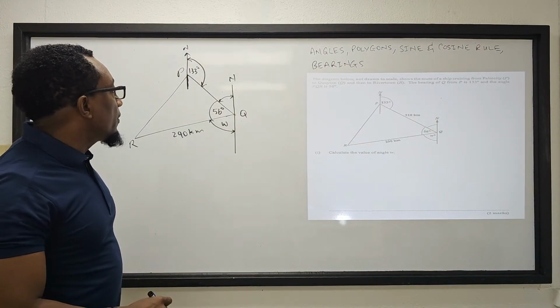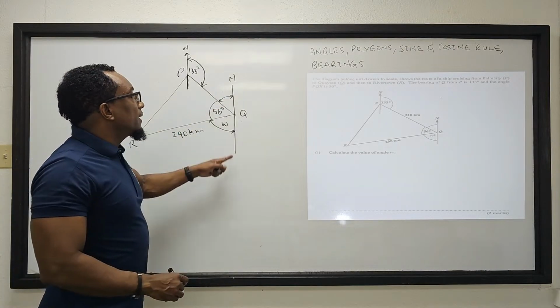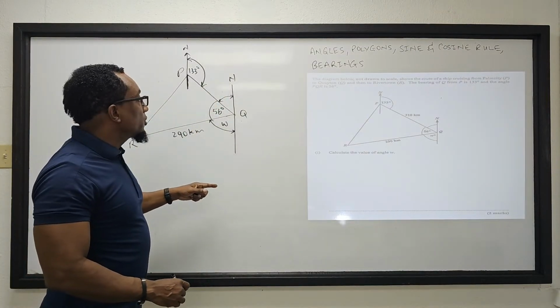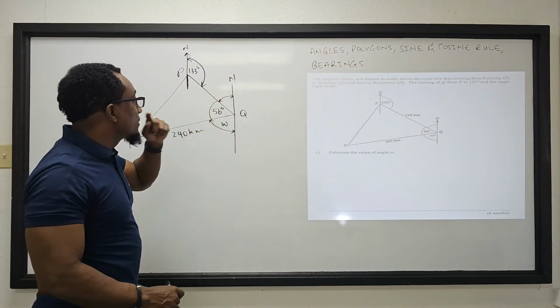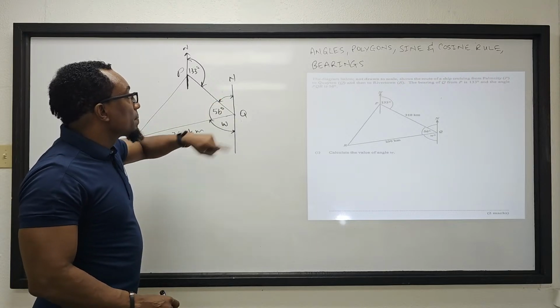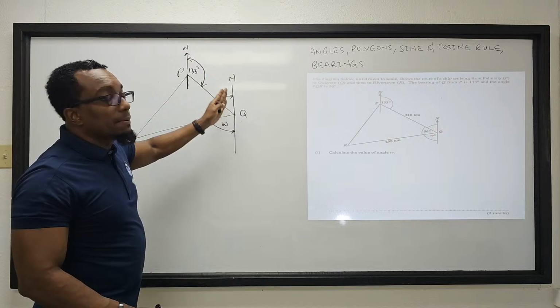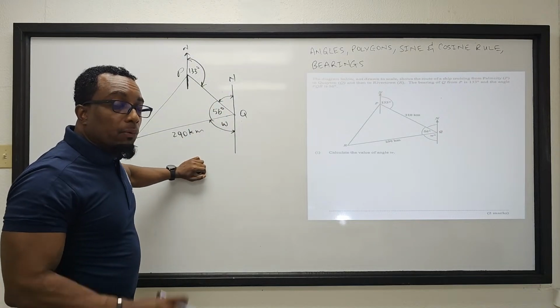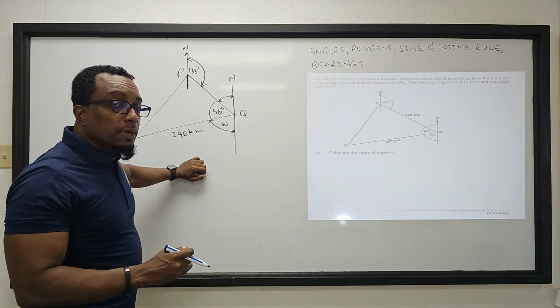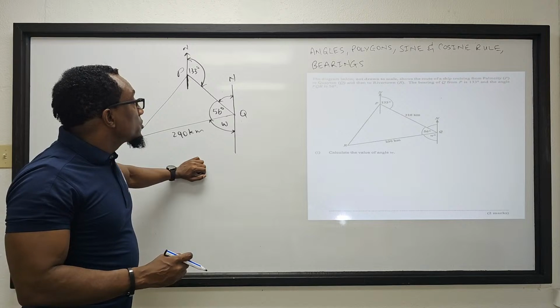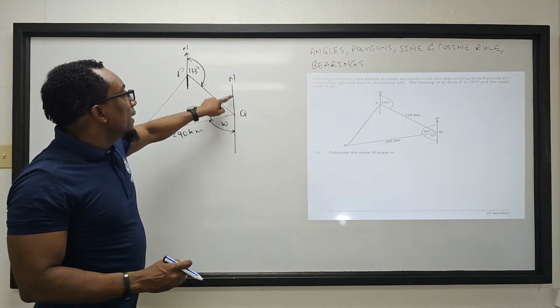So W will be straightforward now. Of course, this is a straight line, a north-south line, hence this is 180 degrees. But I need to get this angle here first. To get this angle, I have two parallel lines, which are my two north lines, and remember, alternate and corresponding angles will come into play here. Let me call this angle NQP.